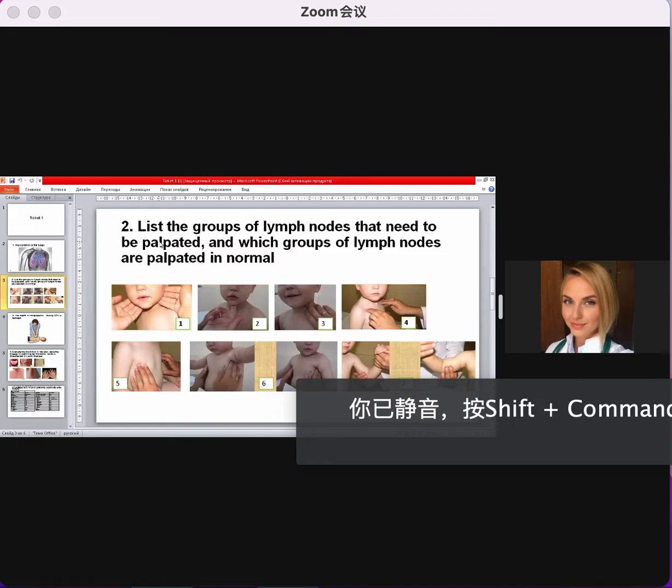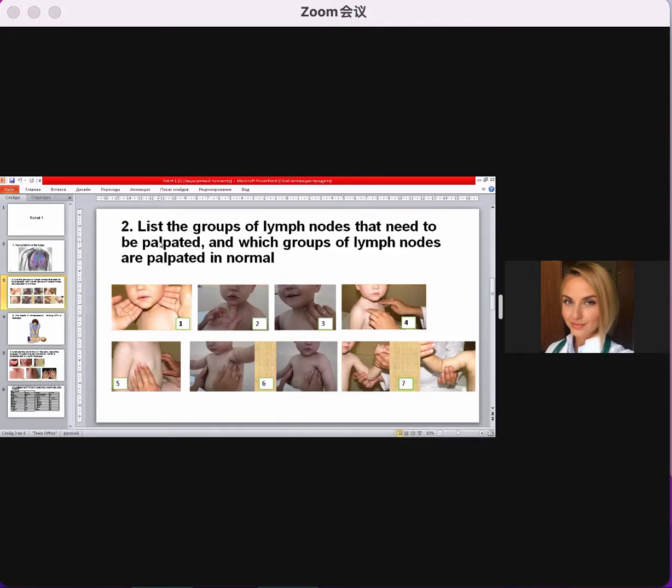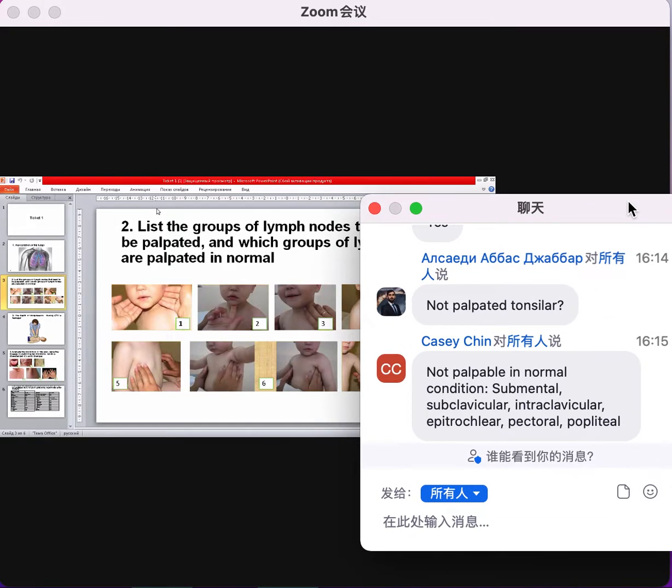But there are some lymph nodes that are not palpated in normal, because if we find them, we can say that this patient can have some oncological disease. So not palpable in normal condition.